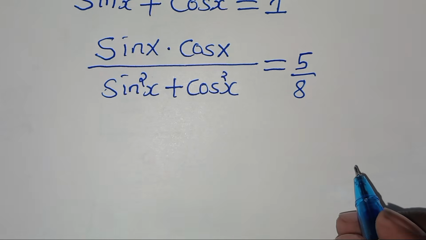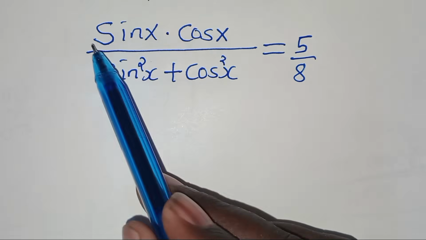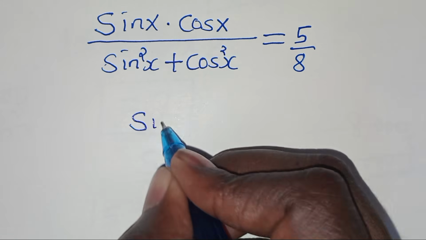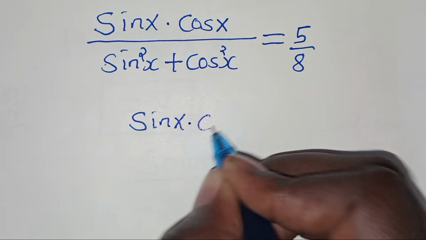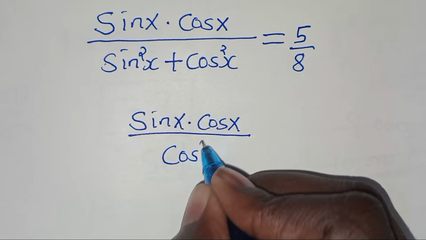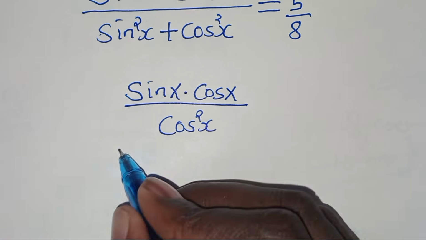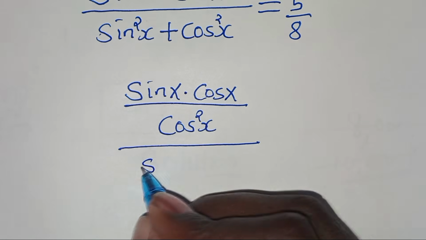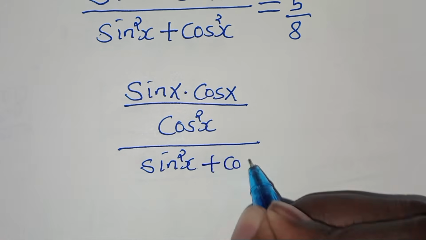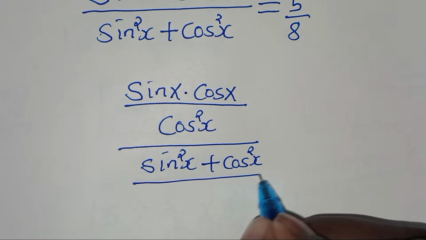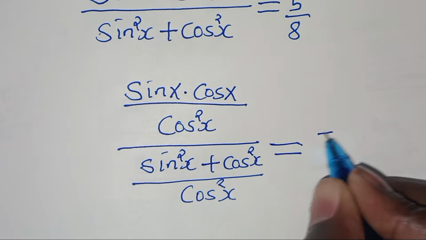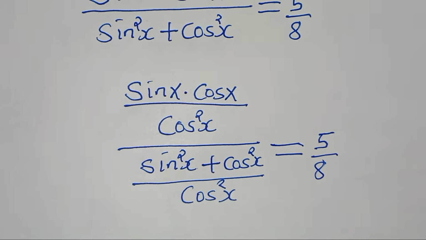Now, the next step, let's divide the numerator and denominator by cos squared x. That is sin x multiplied by cos x divided by cos squared x, then divided by sin squared x plus cos squared x divided by cos squared x, equal to 5 over 8.